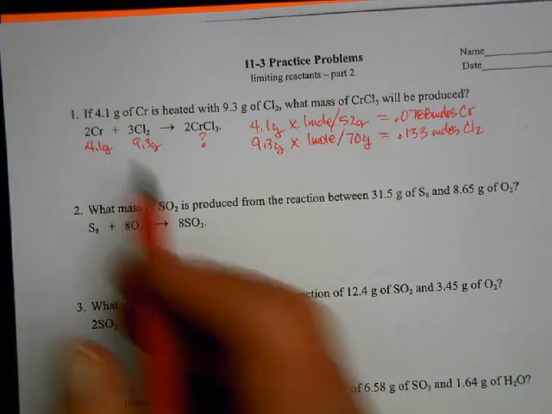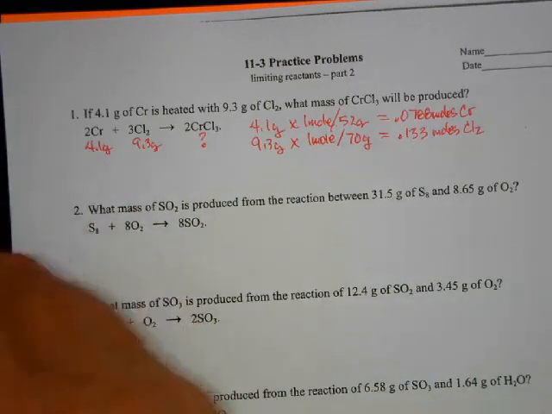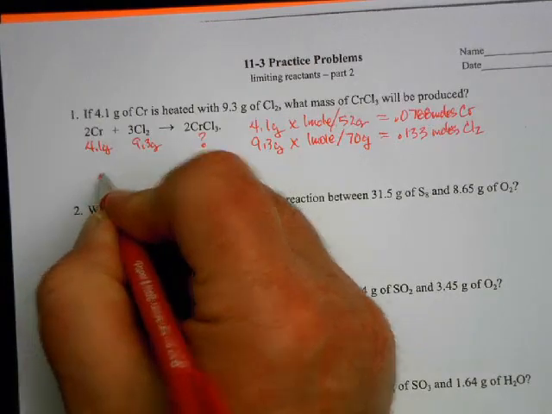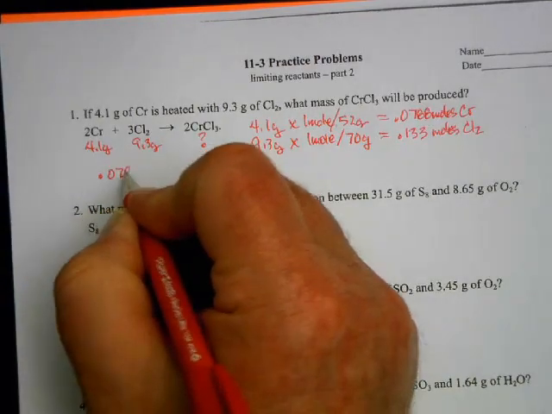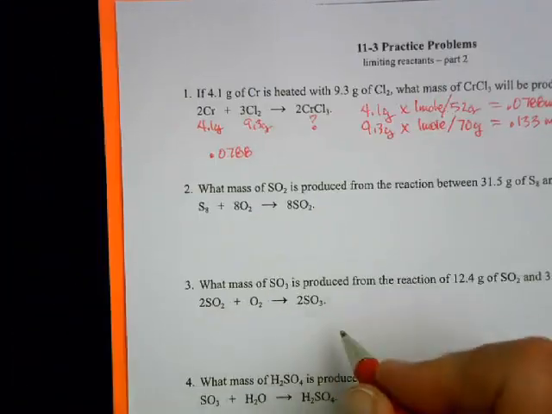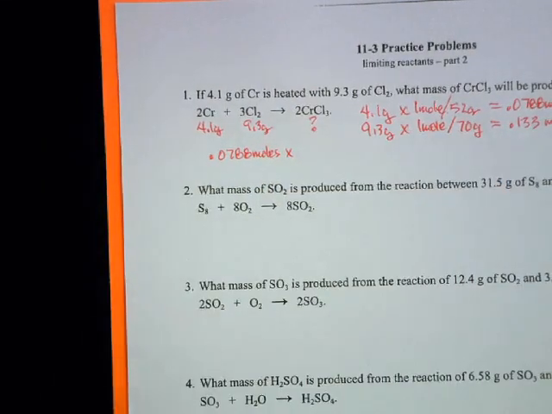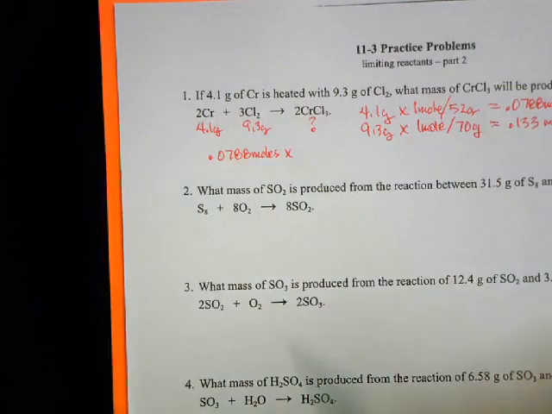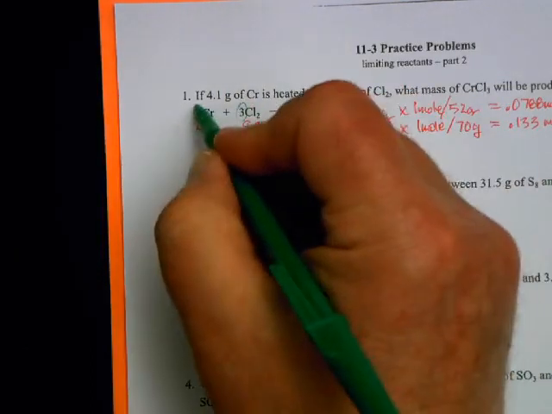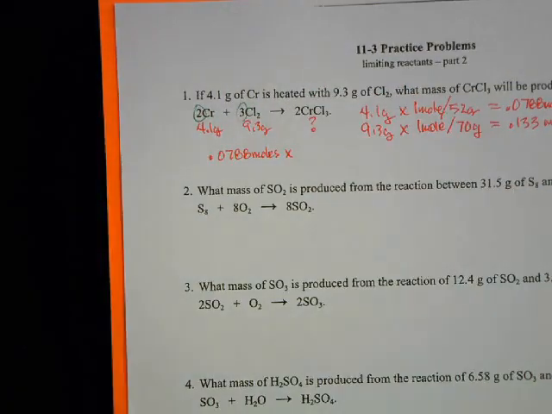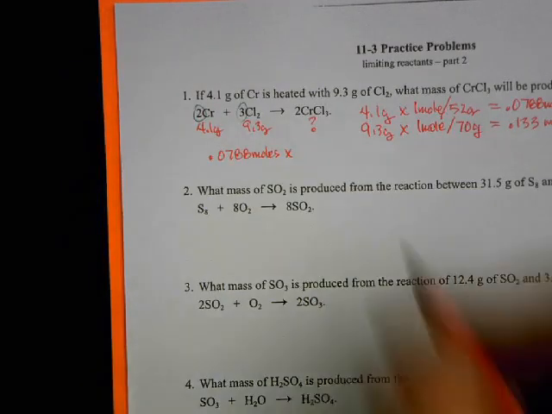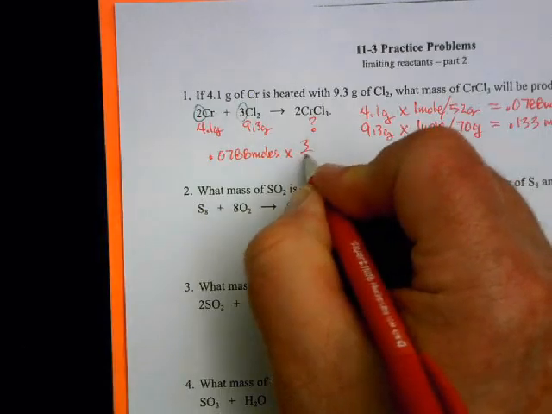Okay, now the mole ratio step. Okay, I'm going to take the smaller one. The mole ratio in this case, these are the two things I'm comparing to see which one is limiting. So in this case, it's going to be 3/2.